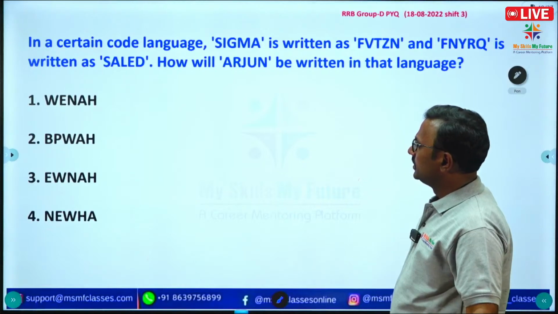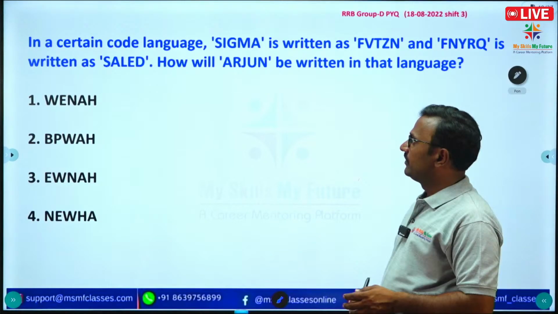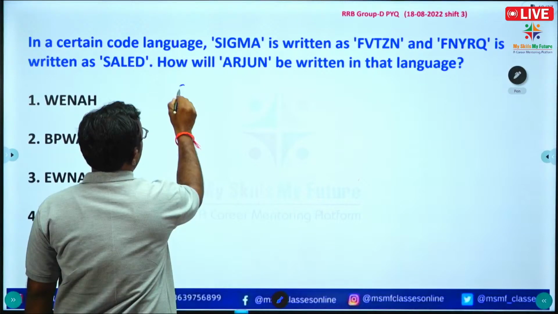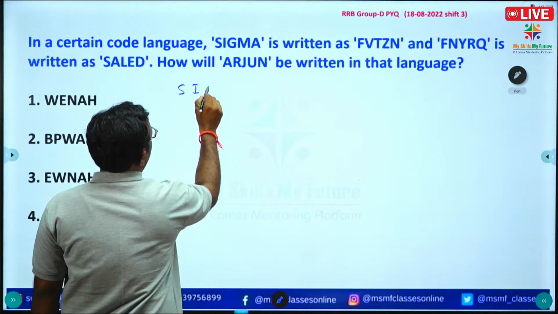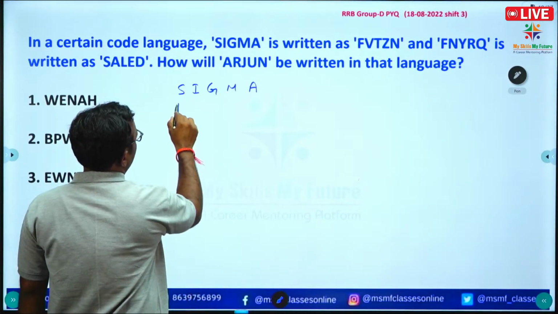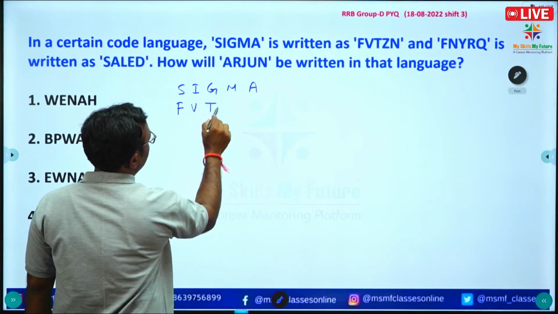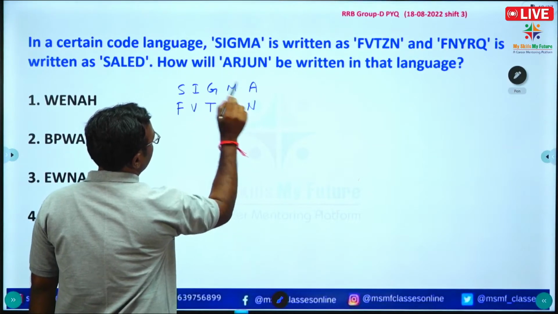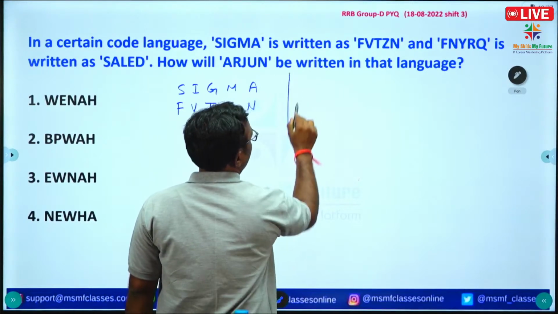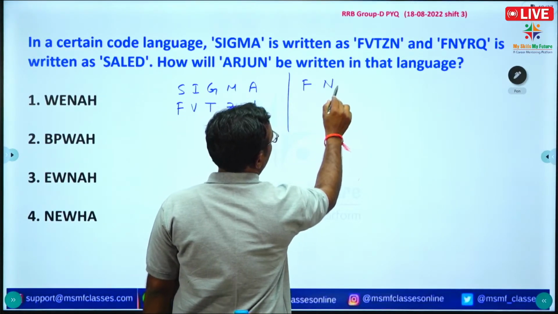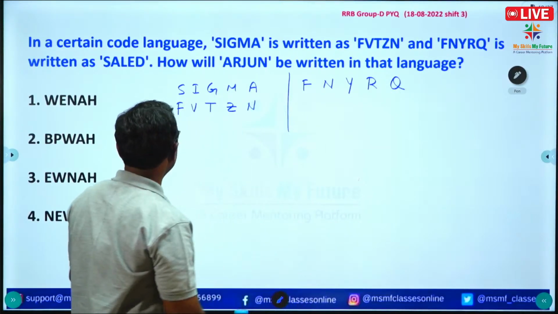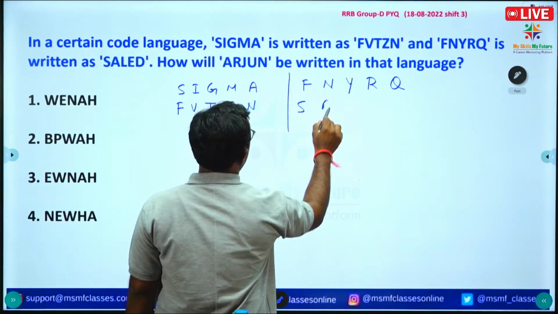Right, in a certain code language, SIGMA is written as FVTZN, and FNYRQ is written as SALED.